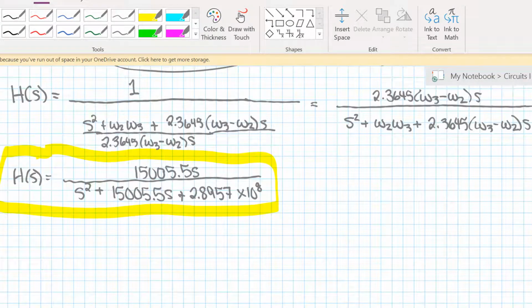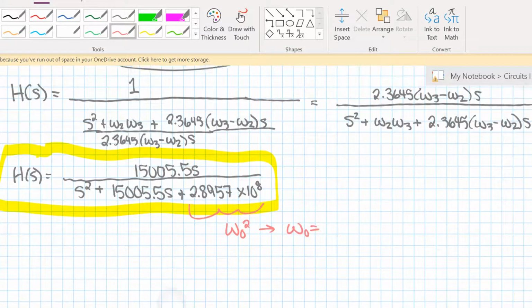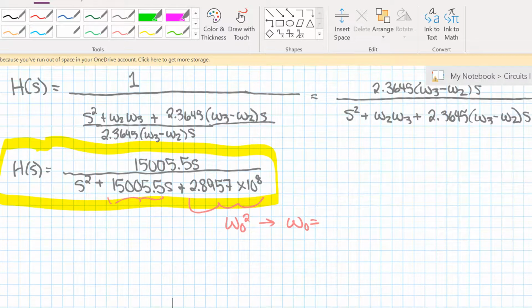Okay, so everything we're dealing with, the constant is omega naught squared, so you just take the square root to get omega naught, and the coefficient of S is omega naught over Q. And so once we know omega naught, then we can solve for Q. So just take the square root of the constant.